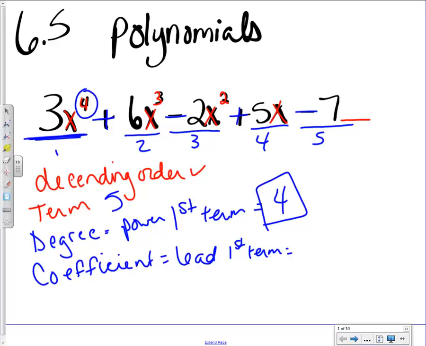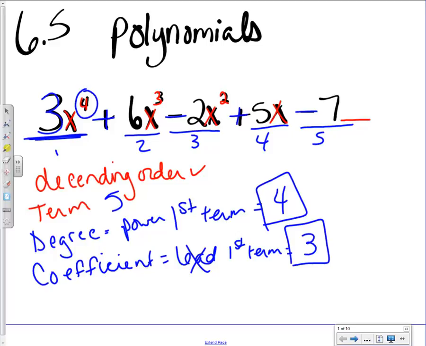The lead coefficient, I want you to think about it like elementary school. Lead coefficient means the leader, right? The leader of this whole problem, if they say lead coefficient, it wants to know what the front number is of the entire problem. If they ask you for the coefficient of the first term, you're going to list the number that's in front of the variable, which is a letter, and give that. So I want to know, what is the coefficient of the first term? Well, that guy would be 3.